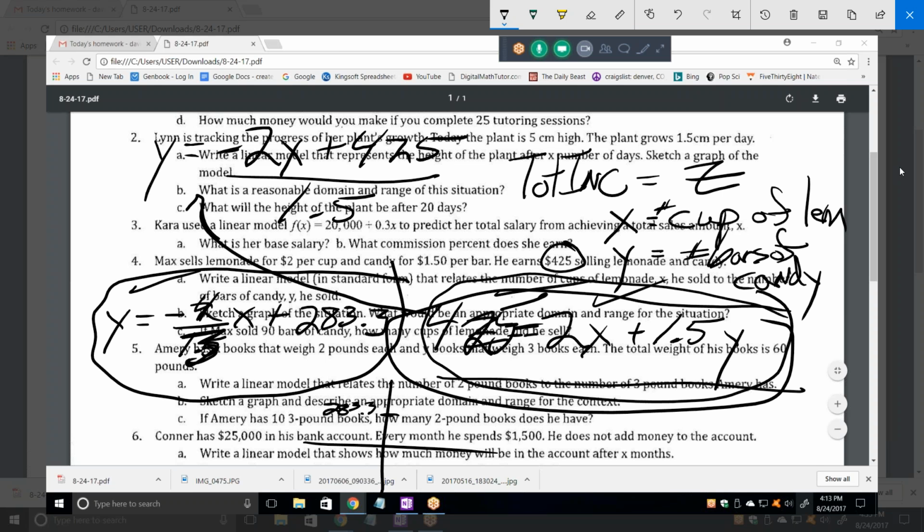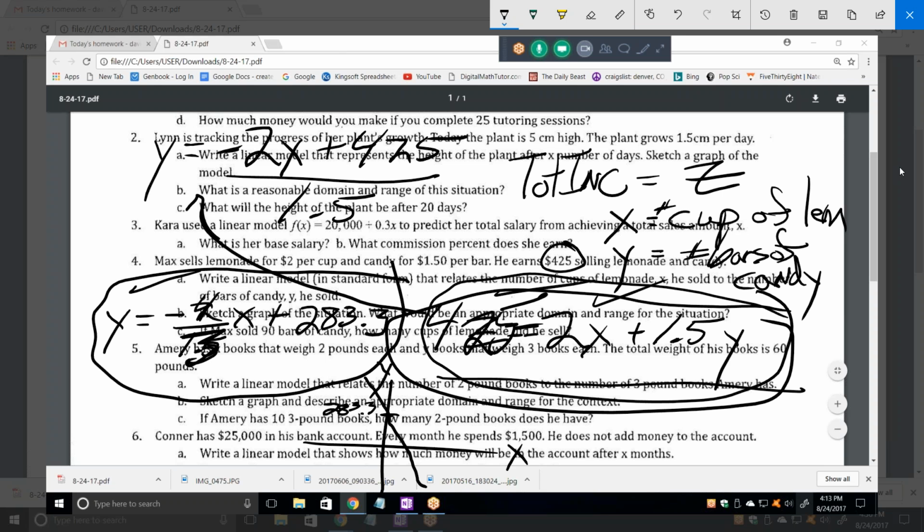So the slope is 4/3 and it's negative. Okay. So that's what the graph looks like. The x-axis is the number of cups of lemonade. The y-axis is the number of candy bars I sold.